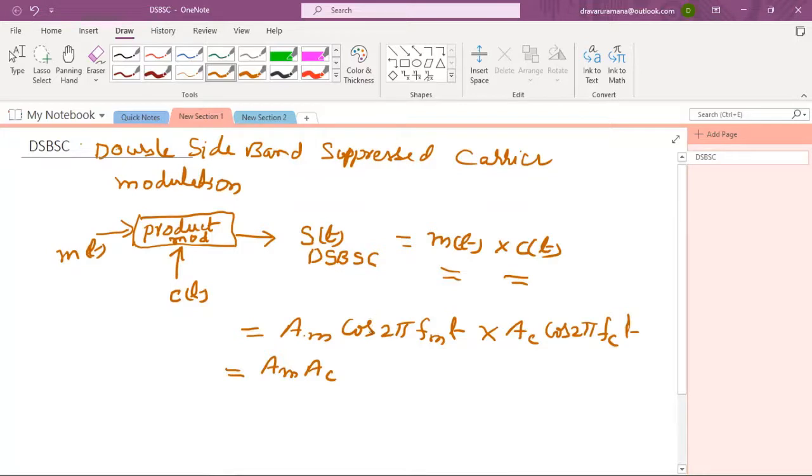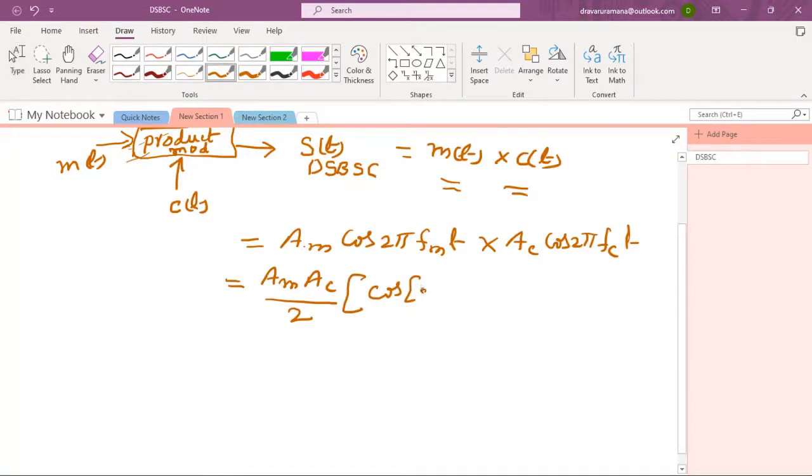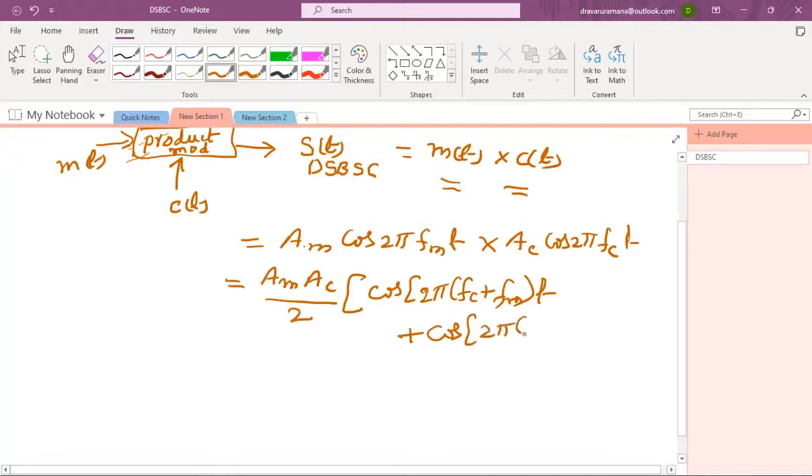This is just like cos A cos B, cos of something multiplied by cos of something. Cos A cos B is nothing but 1 by 2 into cos sum, cos of 2 pi into (fc plus fm)t, plus cos of 2 pi into (fc minus fm)t.